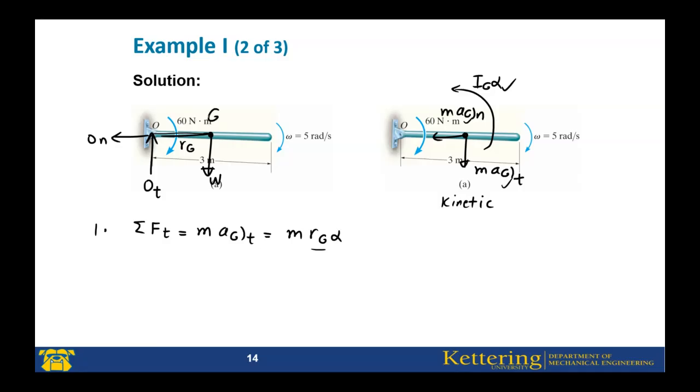This is G. About the tangential direction, we have two forces, the weight and this. This direction is the positive direction of T. This direction is the positive direction of normal. This moment I just consider as positive.